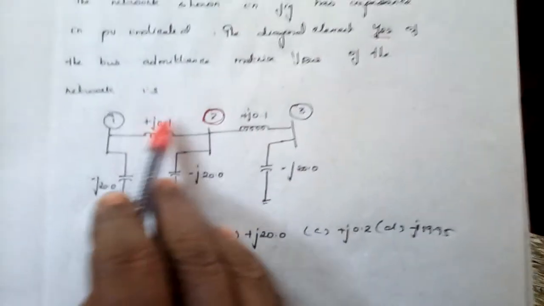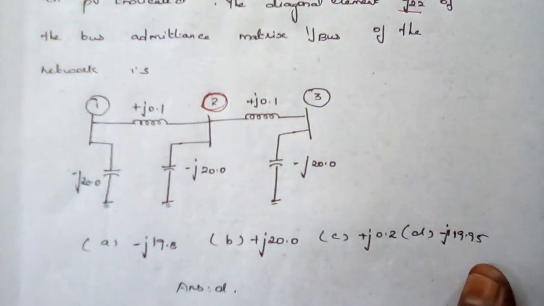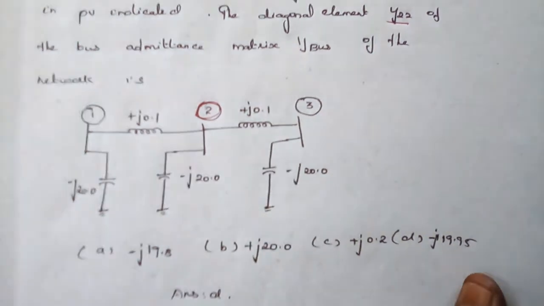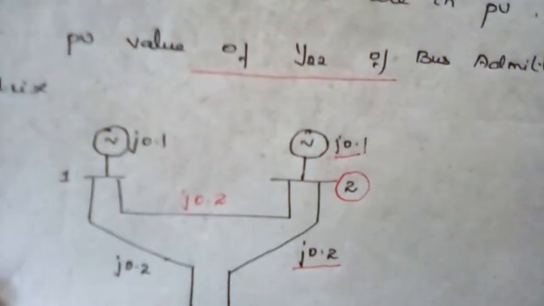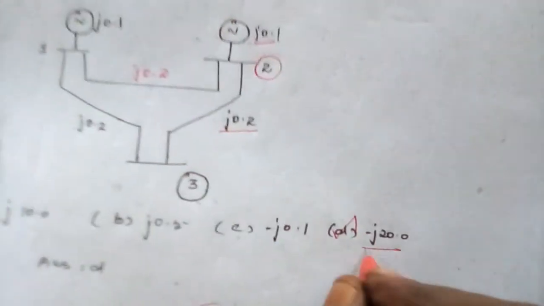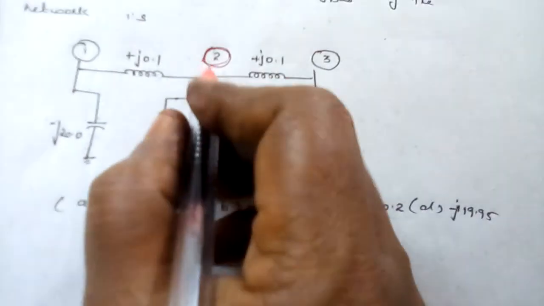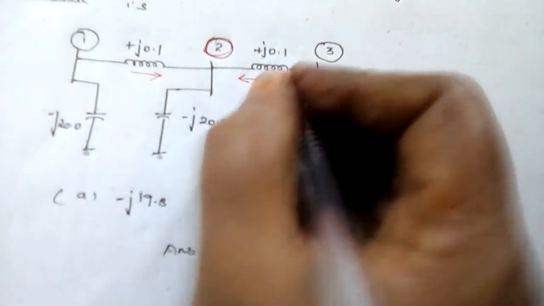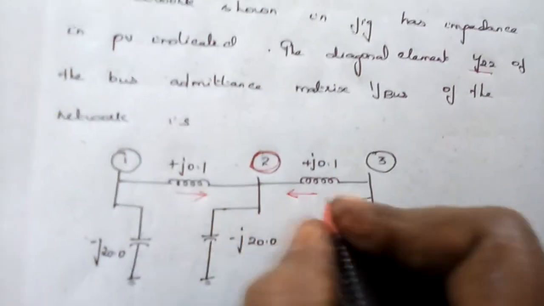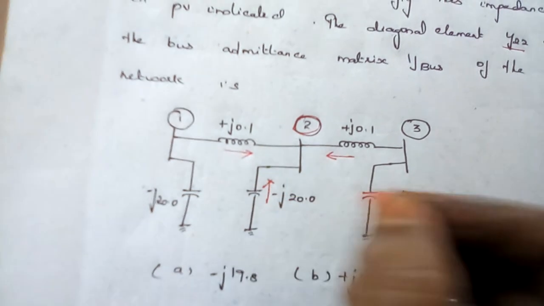Here we have already discussed the same sort of question in question number 5. In question number 5, the impedance values are given as positive, right? And by converting this, we obtained one such case, right? Here at bus number 2, this impedance is connected, this impedance is connected, and also this is connected.